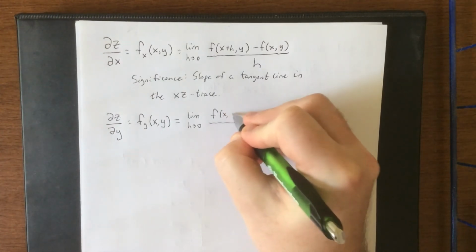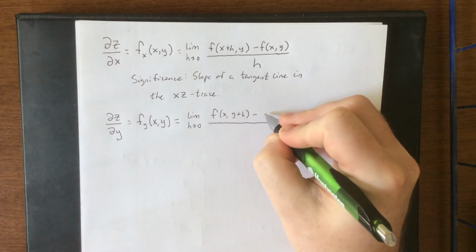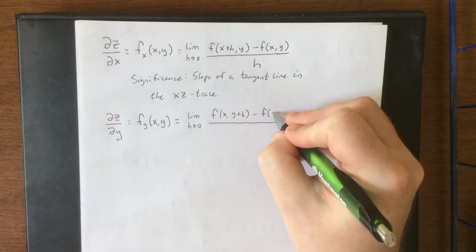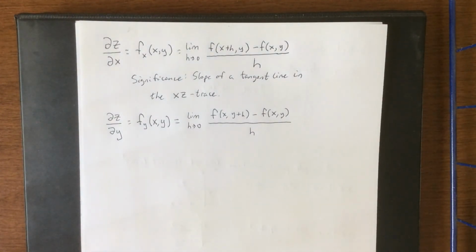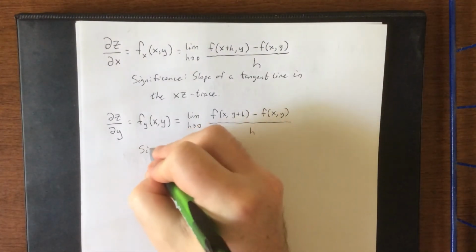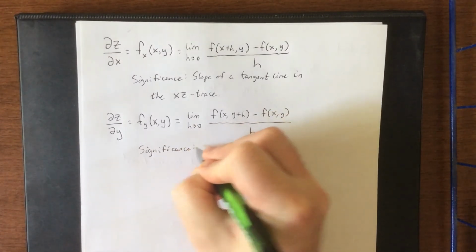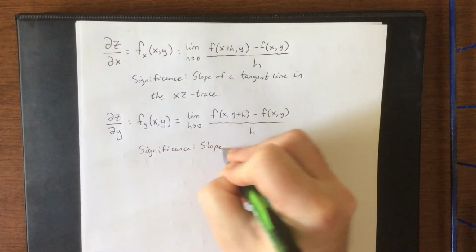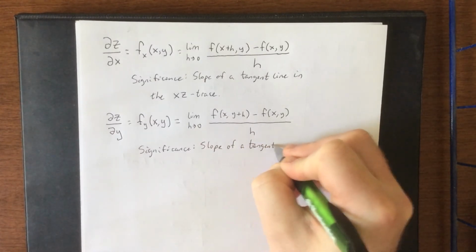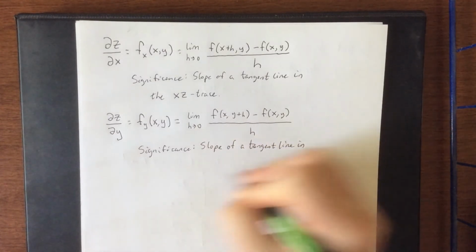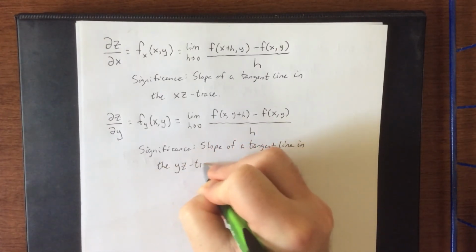So when we set up a difference quotient, we're going to see y plus h in the first part. The significance of this partial derivative is that this would be the slope of a tangent line in the yz trace.